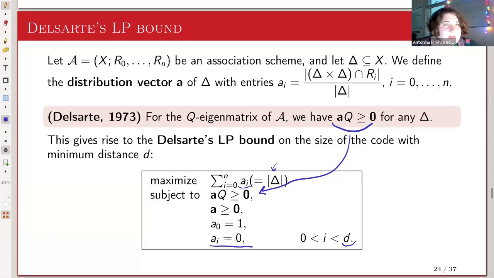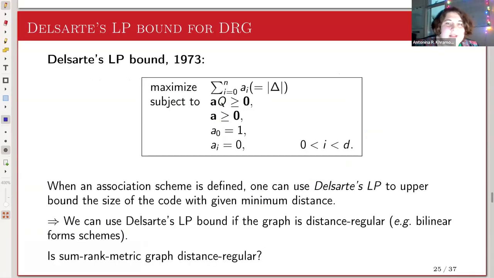As we know from how the bilinear form scheme is defined, the relation R_i with i less than d is just two vertices being at distance less than d from each other. So basically we are saying that two vertices in the set delta have to be at distance at least d from each other, which makes delta a code with minimum distance d, which is exactly what we need because we are maximizing the size of this code.